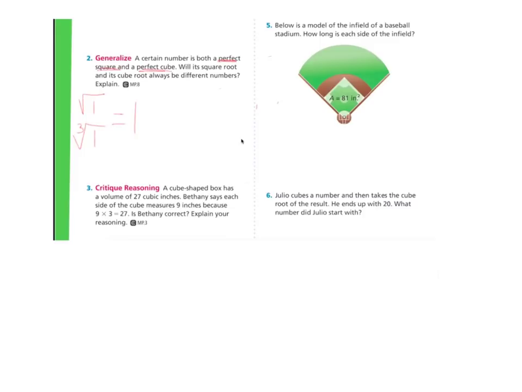For every other number, right, the square root and the cube root will always be different, right? So unless you're 1, right, you're the same number. But here, for all others, the square root and cube root will be different numbers.